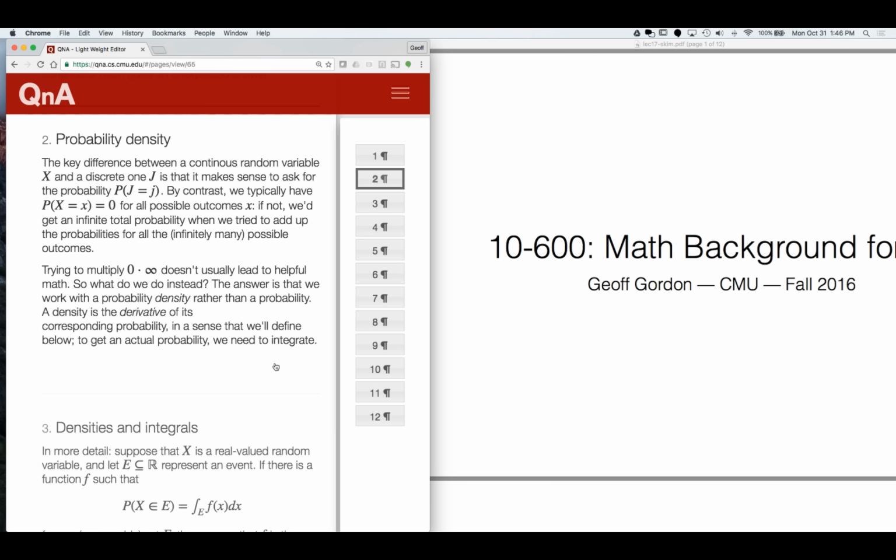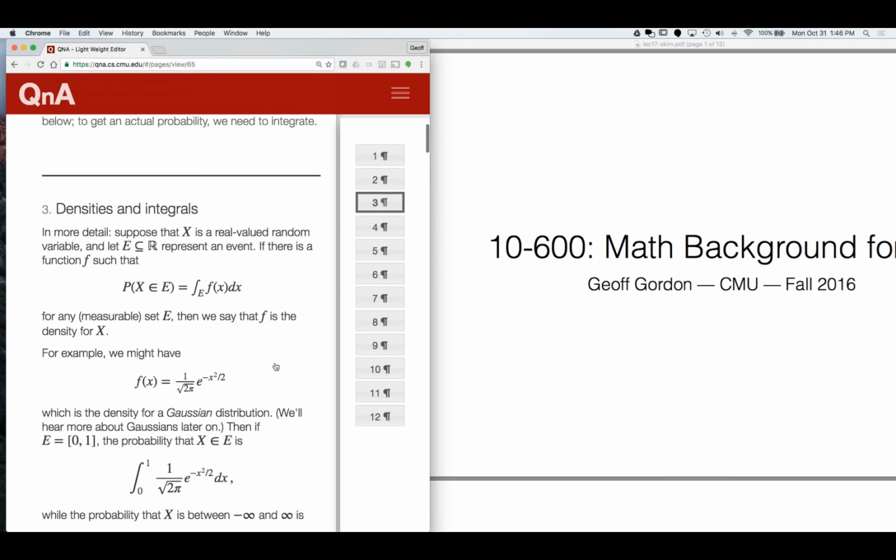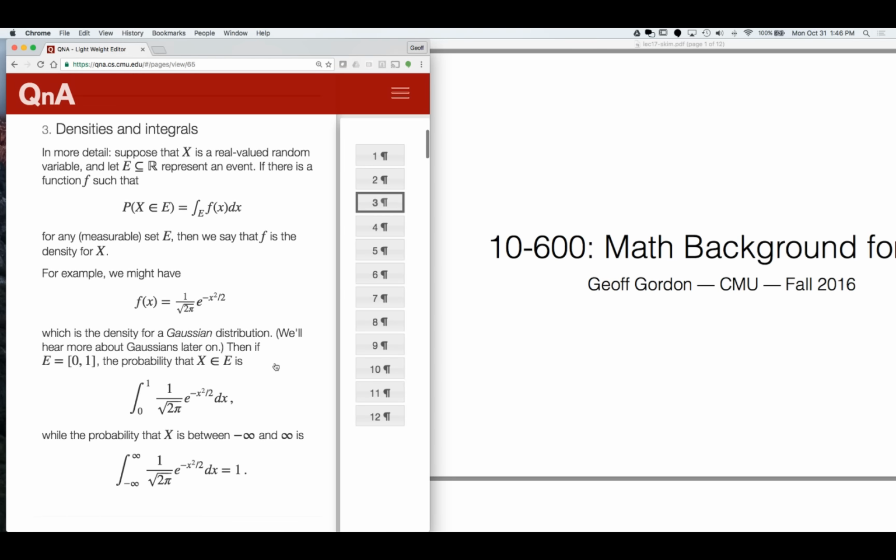So what we do instead is we work with a probability density, right? And so a density is defined by the following equation. Suppose that there exists some function f such that you can compute probabilities of events by integrating f over the event. Right? So here's an example. The function f is 1 over square root of 2 pi e to the minus x squared over 2.